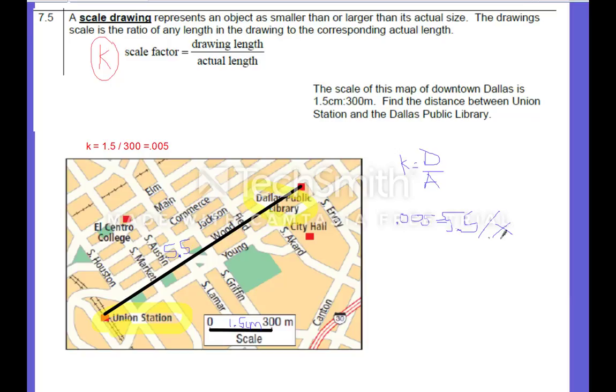When you do it like this, your x is on the bottom, so you need to multiply by x to get rid of it being on the bottom. So that gets rid of this. So now you have x times 0.005 equals 5.5. Then divide by 0.005. So x equals 1100 meters.